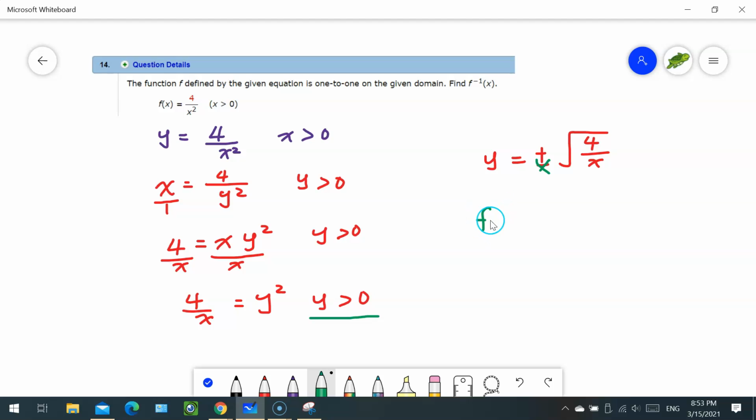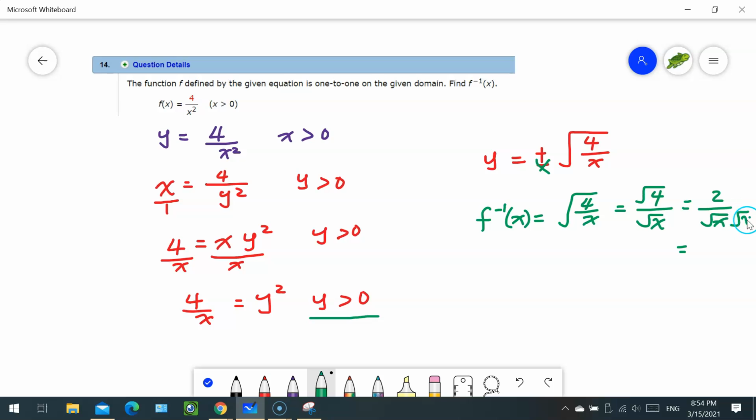So from here, I can write down the inverse function as the positive square root of 4 over x. Now the square root of 4 over x is equivalent to I can rewrite it as root 4 over root x. Now root 4 is 2. And keep in mind, we don't like the denominator to have the square root sign.